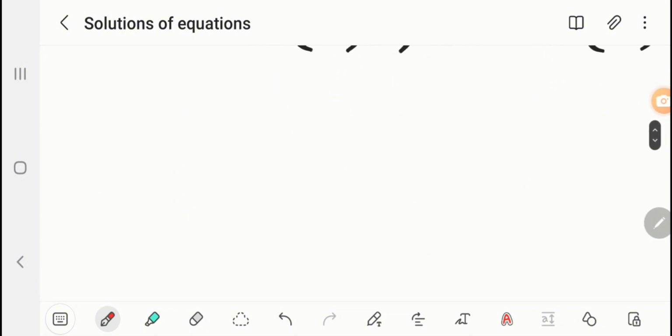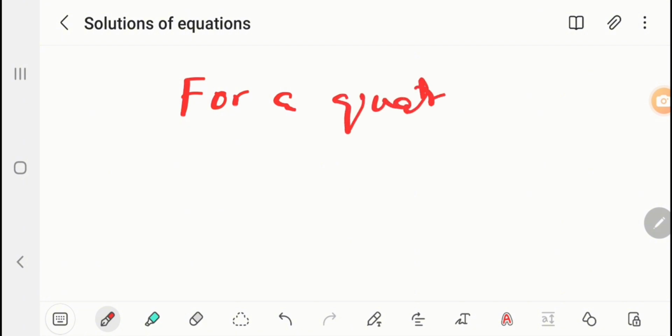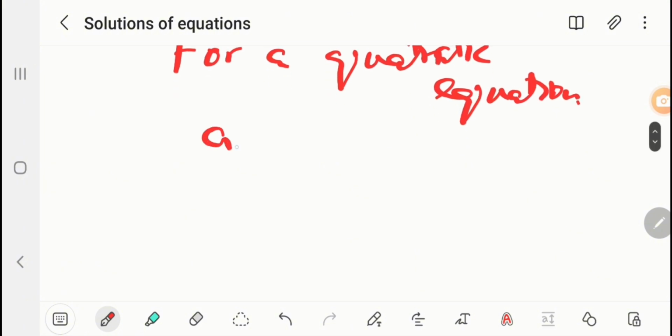Now one more thing. For a quadratic equation, ax square plus bx plus c equal to 0, without solving, I can check the number of solutions of this equation, that is the number of roots, the number of points at which the graph cuts the x-axis.